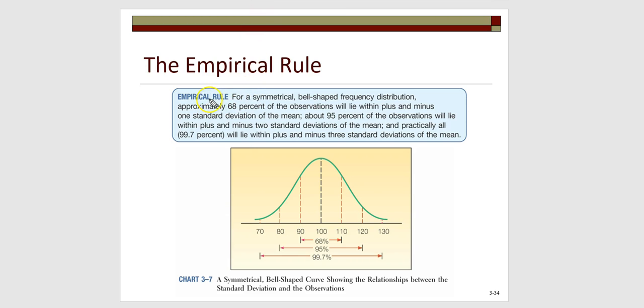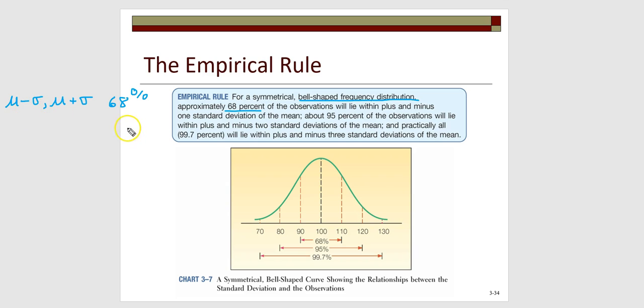So the empirical rule makes this statement. For a symmetrical, bell-shaped frequency distribution, you can think of a normally distributed set of data, approximately 68% of all the observations lie within one standard deviation of the mean. So in other words, if you look at these two numbers, mu minus sigma to mu plus sigma, between these two numbers you will have approximately 68% of all your data.